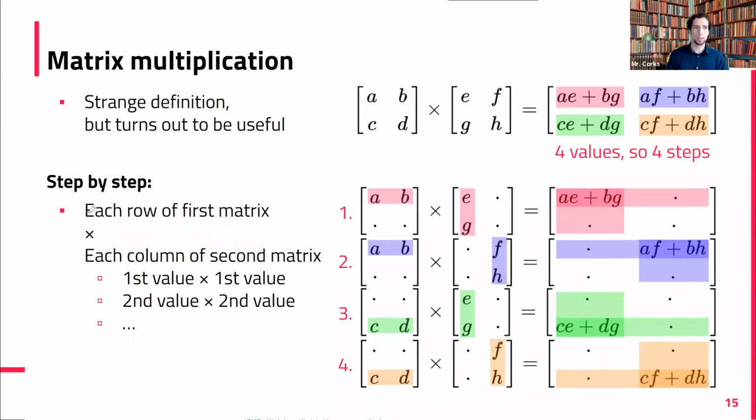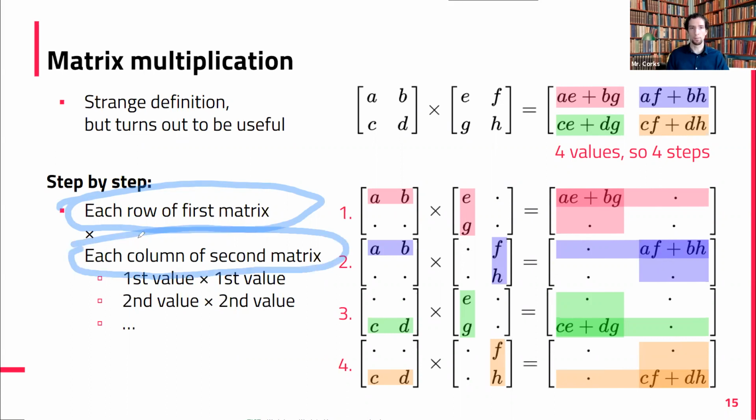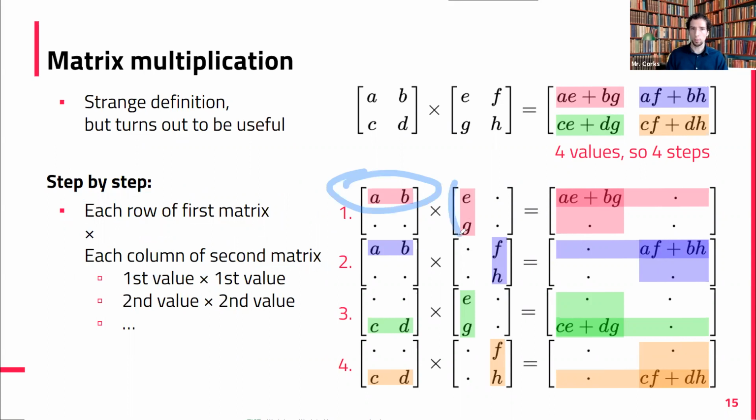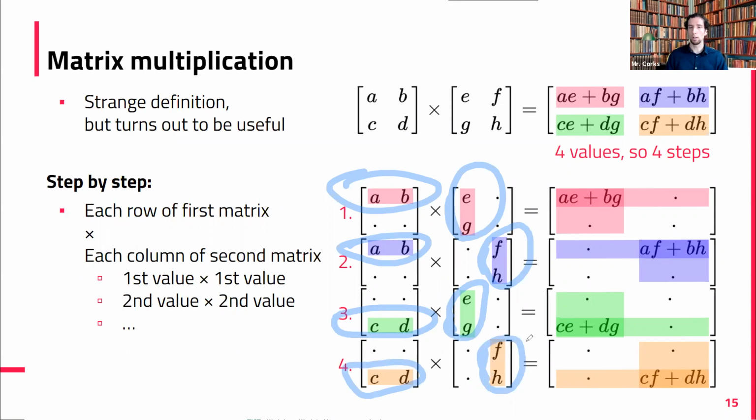The basic idea is we do each row of the first one times each column of the second one. So the first row in the first one times the first column, and then again times the second column in the second matrix. Then we go to the second row of the first one, times the first column, then times the second column, and then the third and the fourth, until we've done all the rows and columns in the matrix.